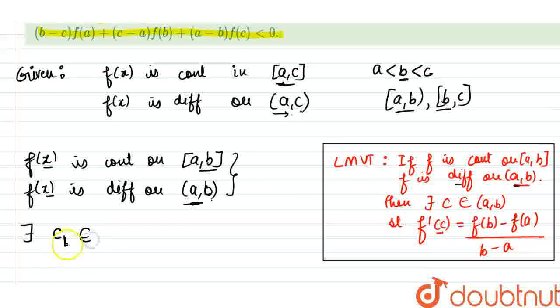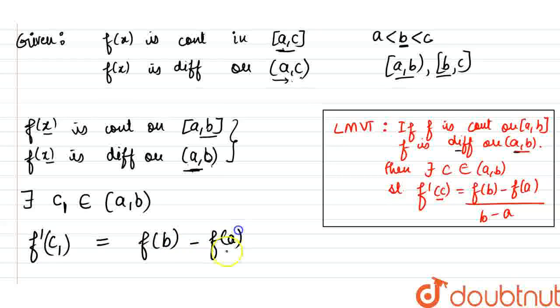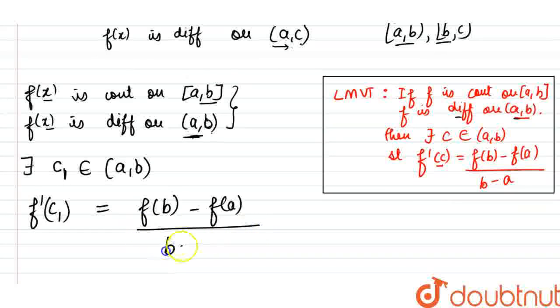So this c1 should lie from a to b by using LMVT, and for c1, f dash c1 should be equal to f of b minus f of a divided by b minus a. This is the condition that should follow. Let's mark it as 1.